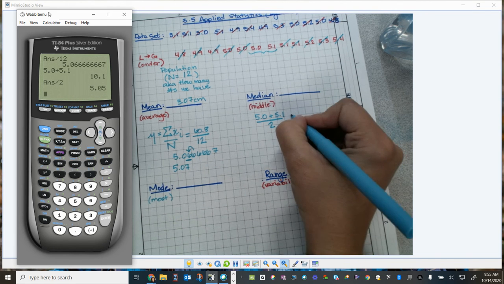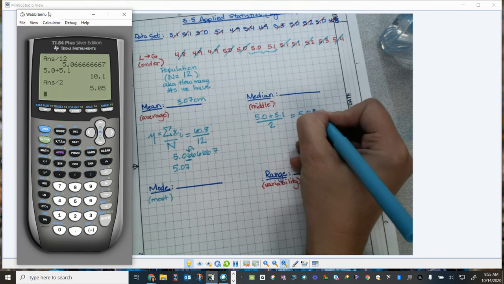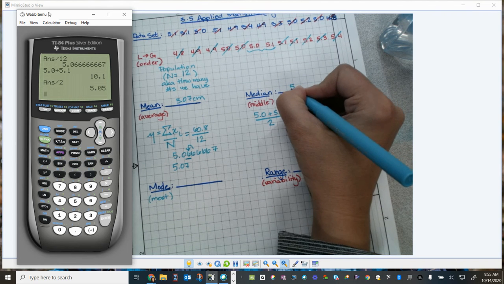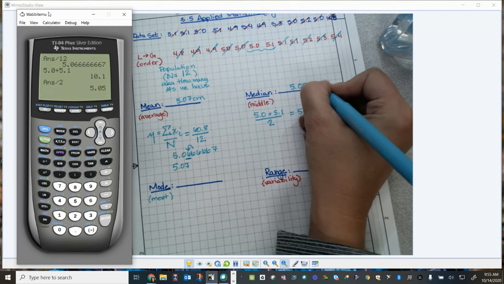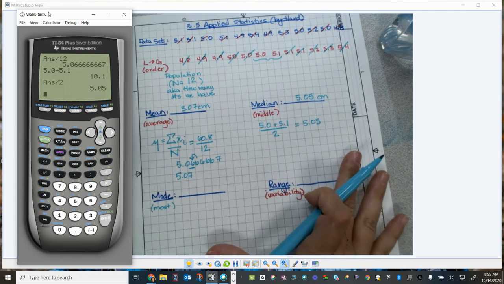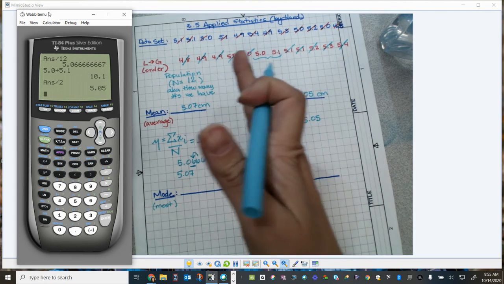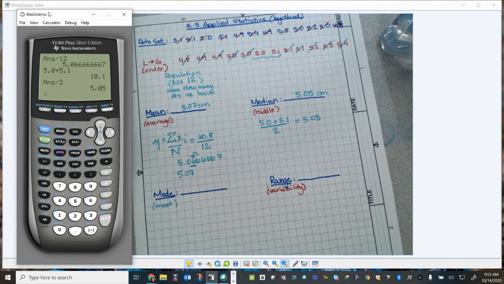Now, some of you may have been able to do that in your head, and that's awesome. My median is 5.05 centimeters. That means out of all of those measurements, 5 and change would be in the middle of all of those results that we collected. You want to make sure that you include that centimeter unit to help us out.